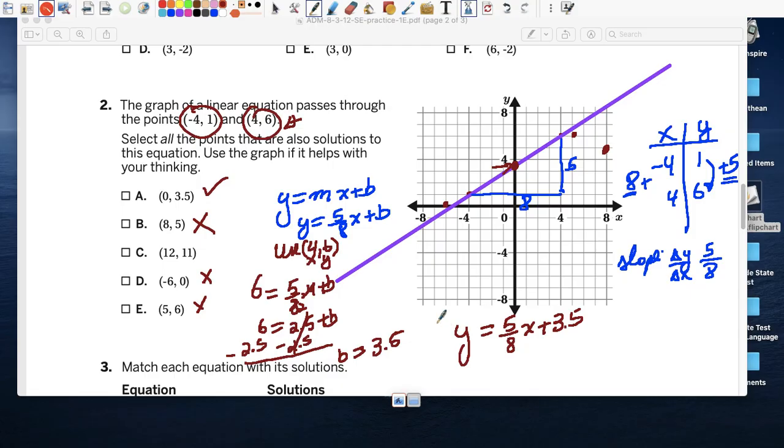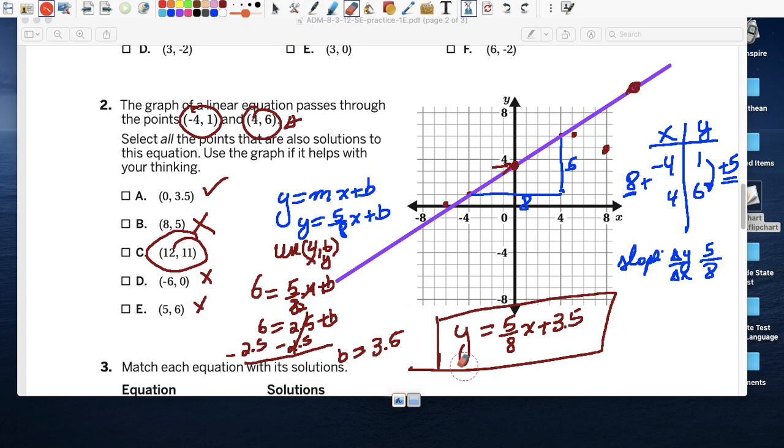So now that I have my equation, I can plug in 12 and 11 and see if it works. If it does work, then I know 12 and 11, which is somewhere over here, is on the line. So let's plug it in. I'm going to take the point 12 and 11, and replace the x with 12 and the y with 11.